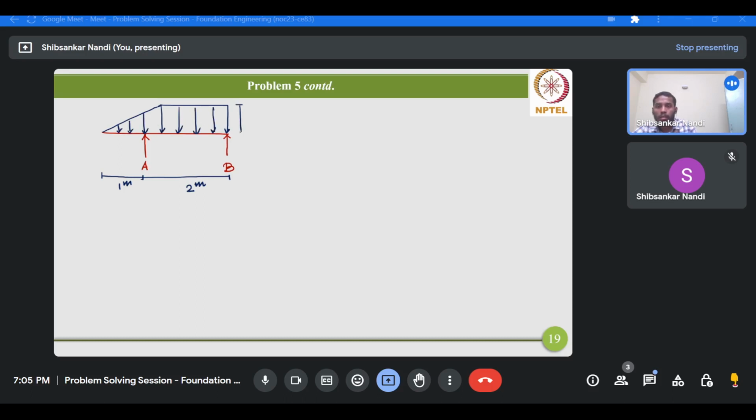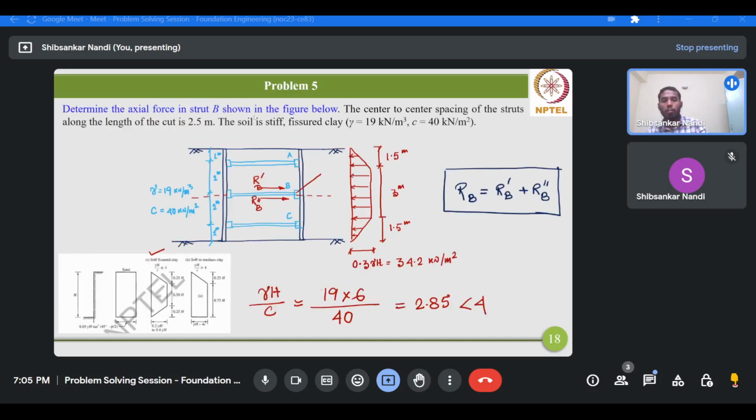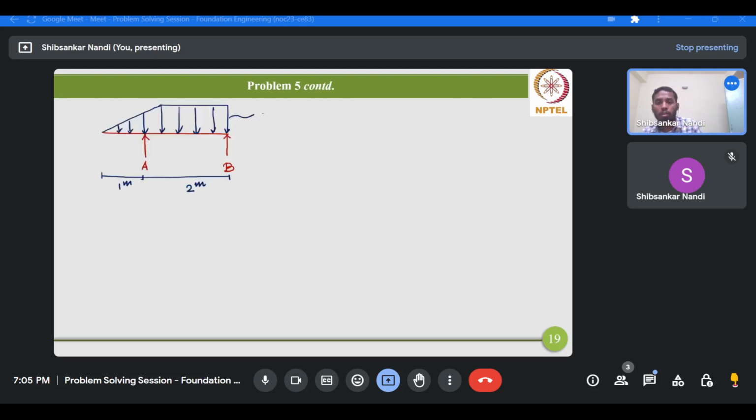And this value is your 34.2 kilonewton per meter square.